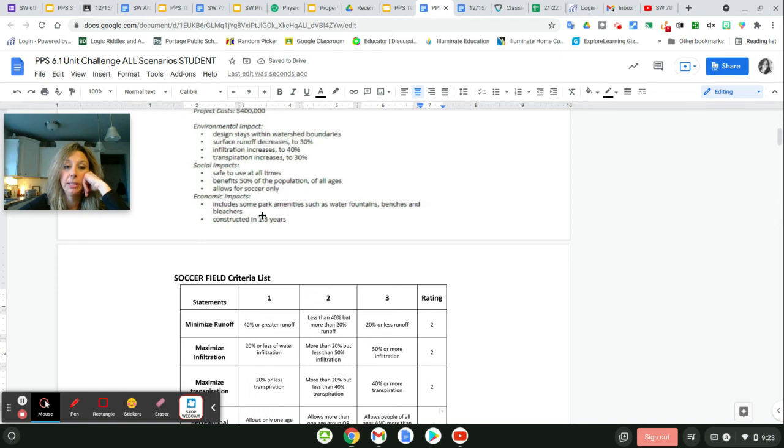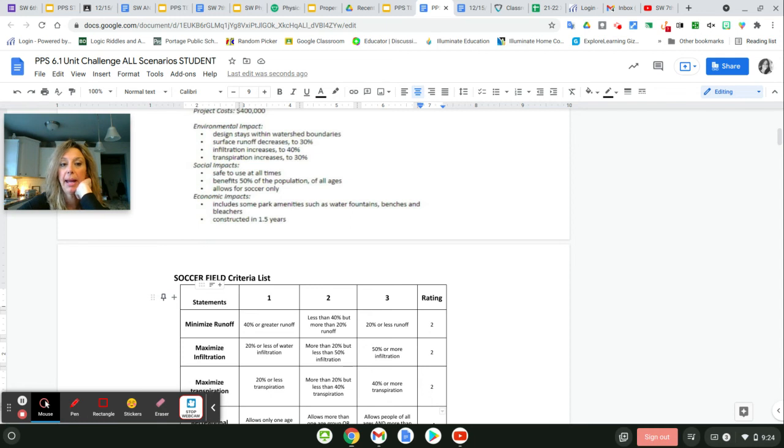Okay, benefits 50% of the population. Allows for soccer only. Okay, so there's not a whole lot to do there other than play soccer. Okay, so that might be something limiting.